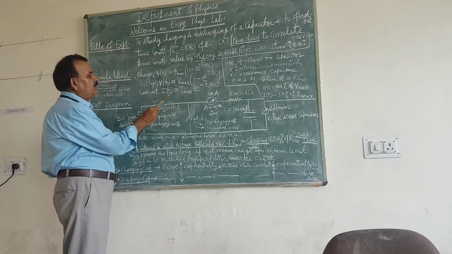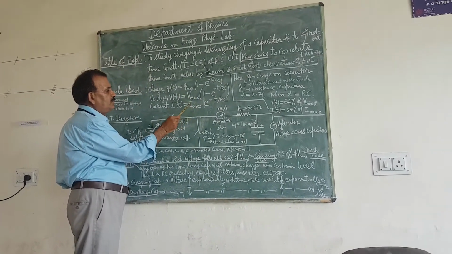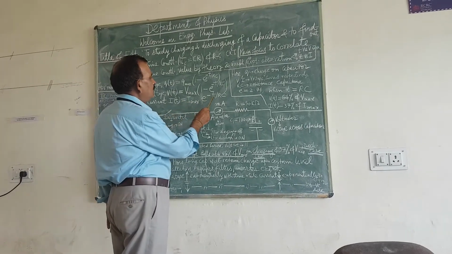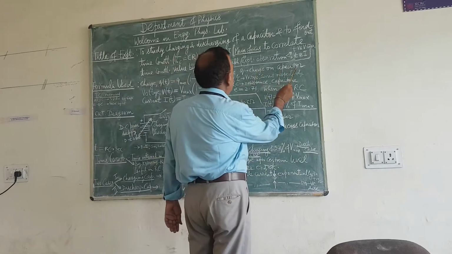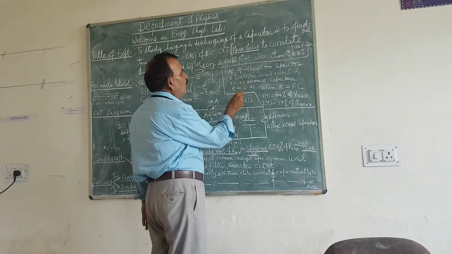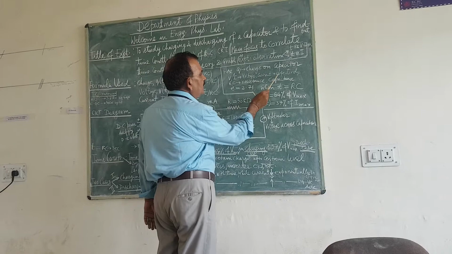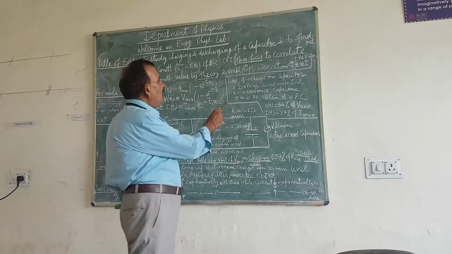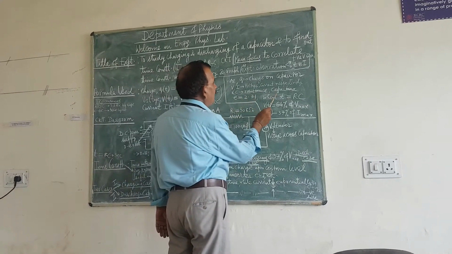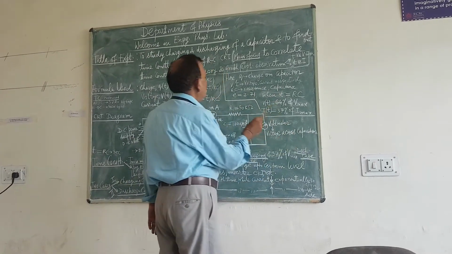Current at any time t is equal to the maximum current times exponential of minus t upon RC. Here Q is the charge on the capacitor, V and I are the voltage and current respectively on the plates of the capacitor, and R and C are the resistance and capacitance of the circuit.